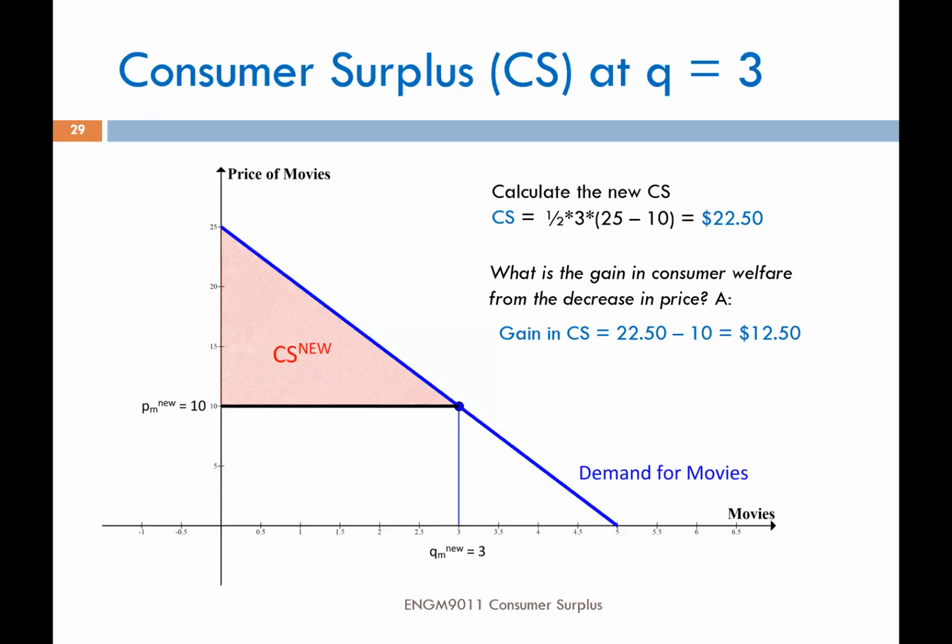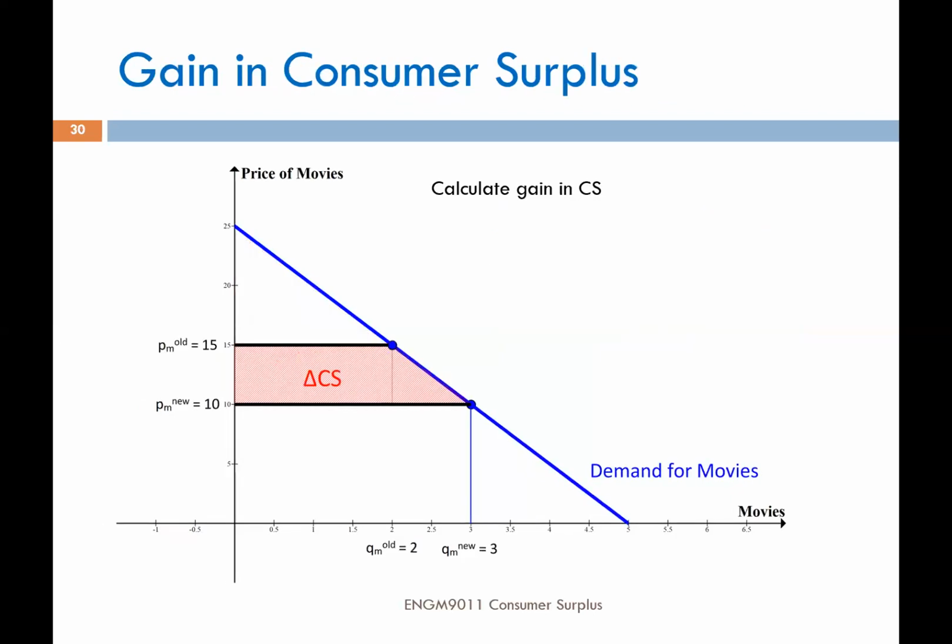Now here, when we calculated the change in consumer surplus, we calculated the original consumer surplus and the new consumer surplus, and we took the difference between the two. But we don't have to do that. A quicker method would be to calculate the change directly by taking the area to the left of the demand curve between the two prices. Above the price 15, that little triangle is the original consumer surplus.